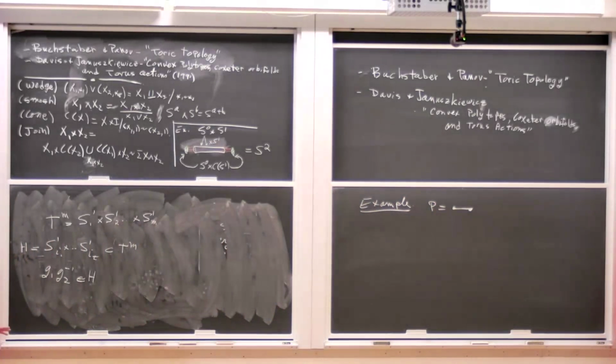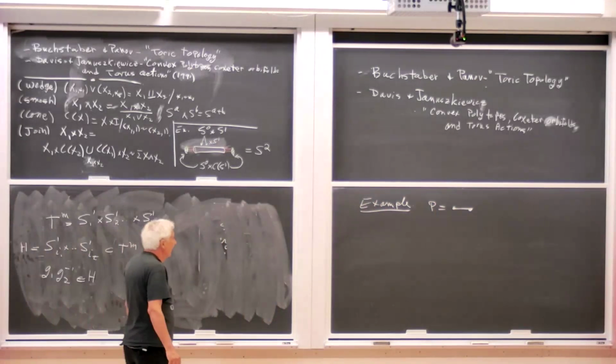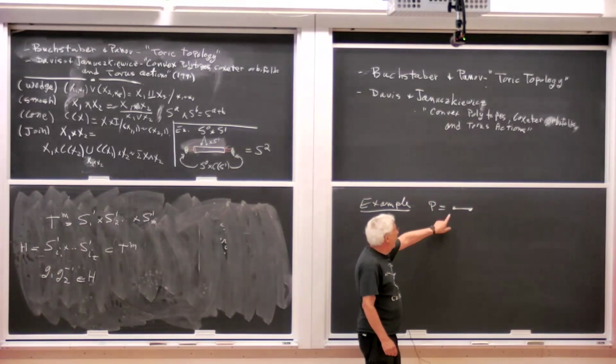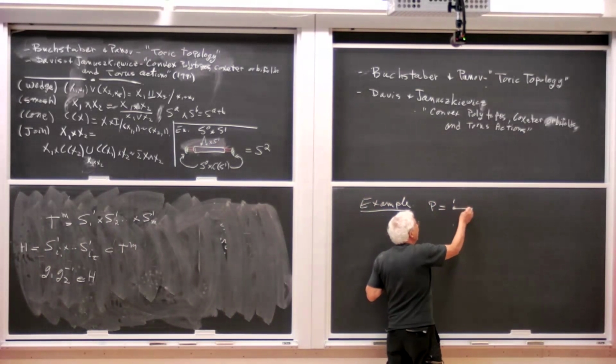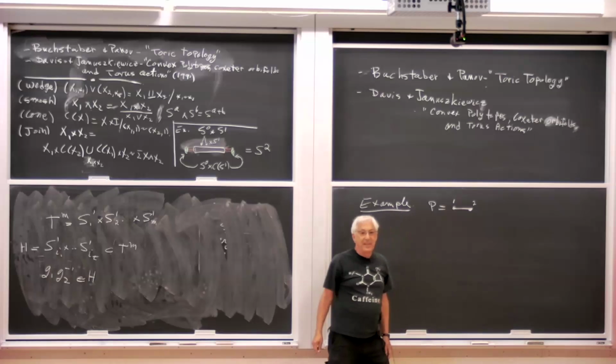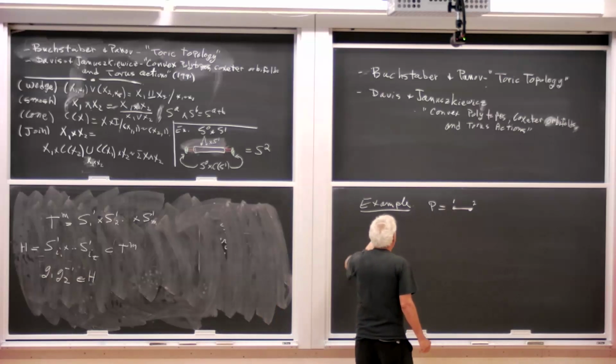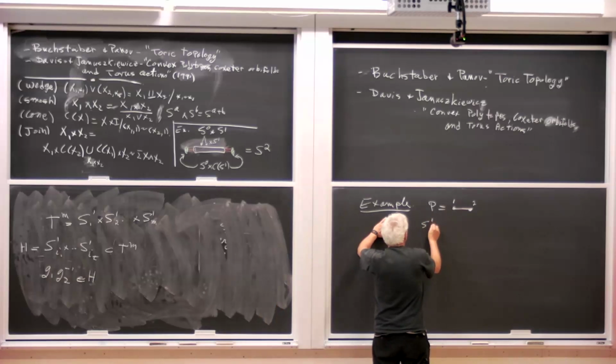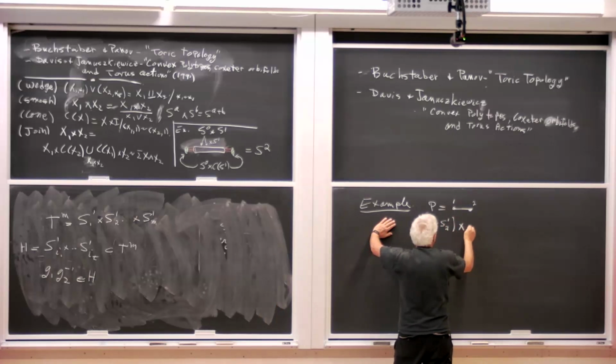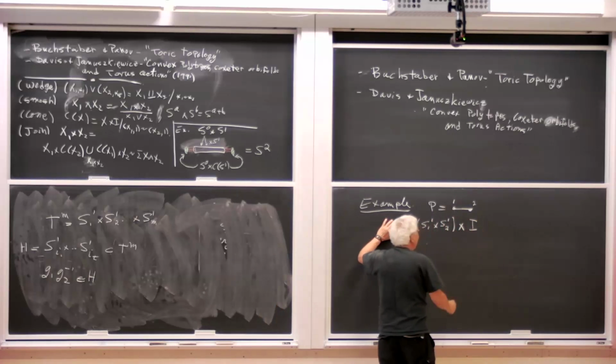So I'll only use the straight line for my examples. Two facets, the vertex 1 and the vertex 2 are the two facets, codimension 1. So what do I do? I take S1 indexed by 1 cross S1 indexed by 2 and multiply that by the interval.